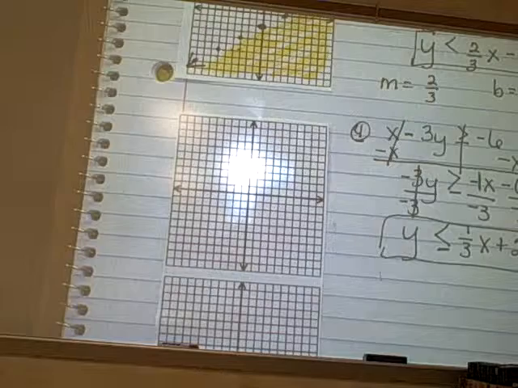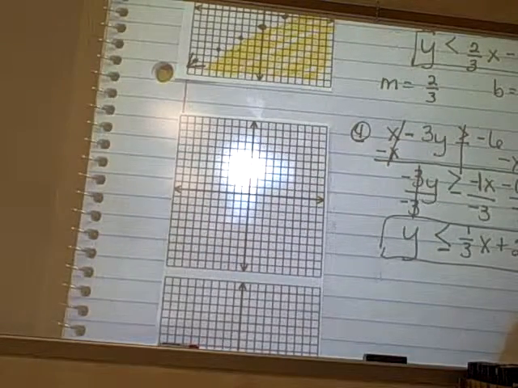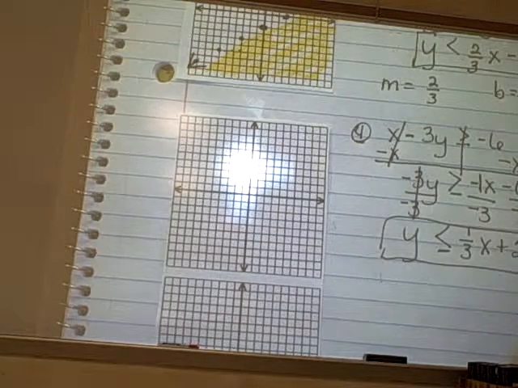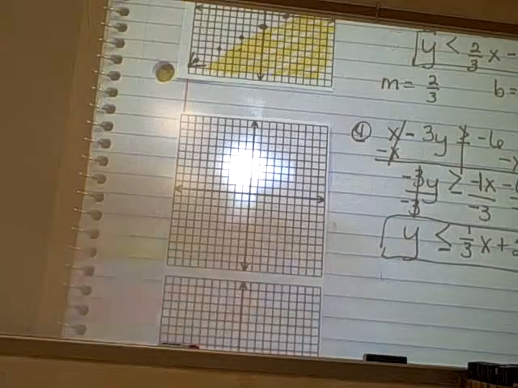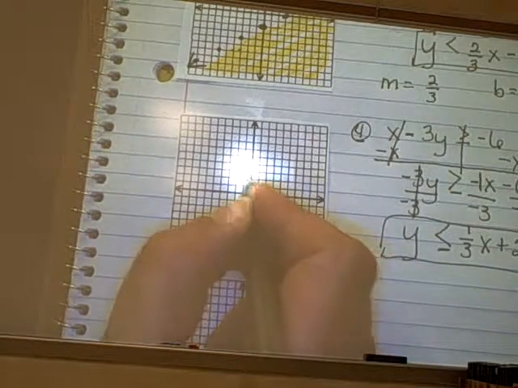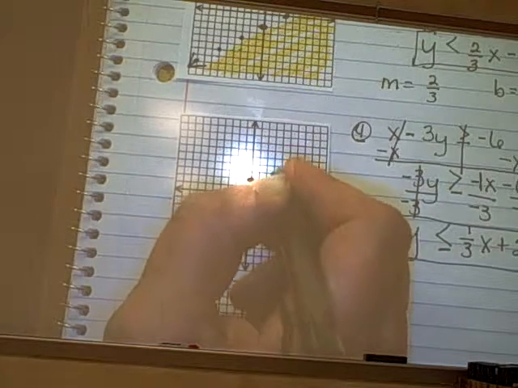Oh, I forgot my little line underneath there. Is this dotted or solid? Yeah, this one's solid. So solid line above or below? Below. Very good. So it crosses up the 2. Goes up 1 over 3.